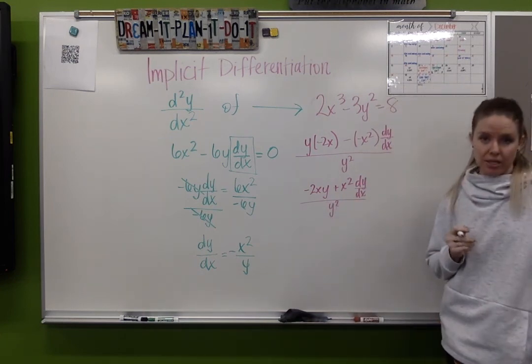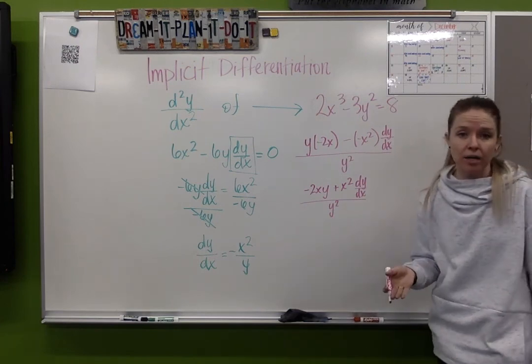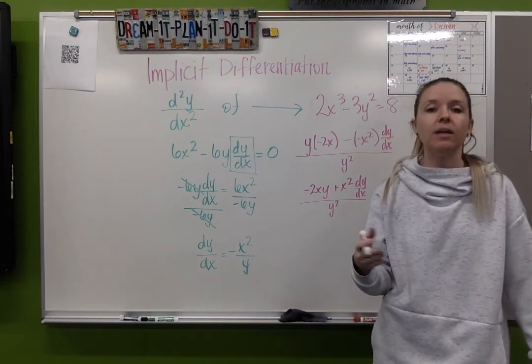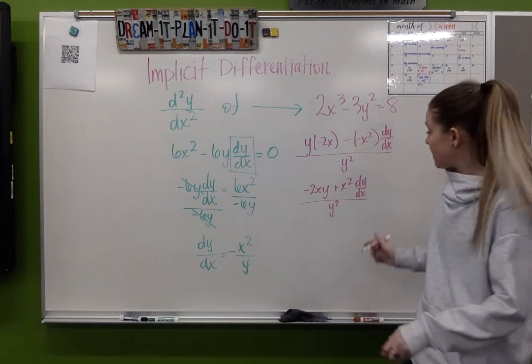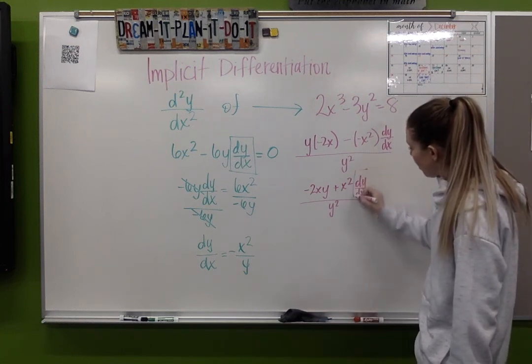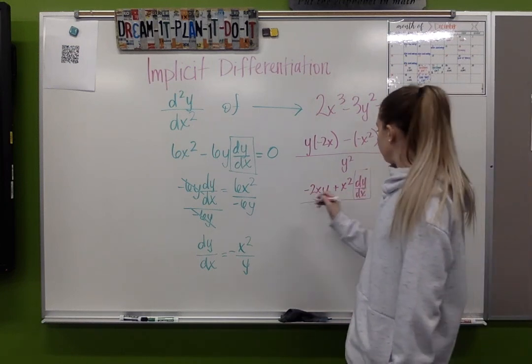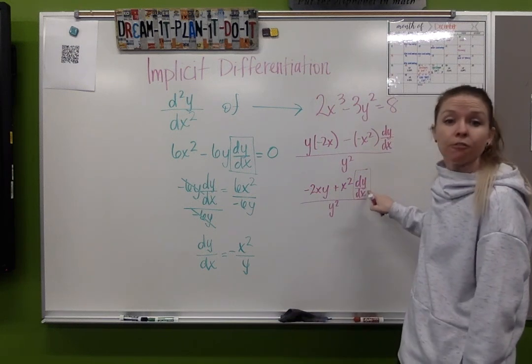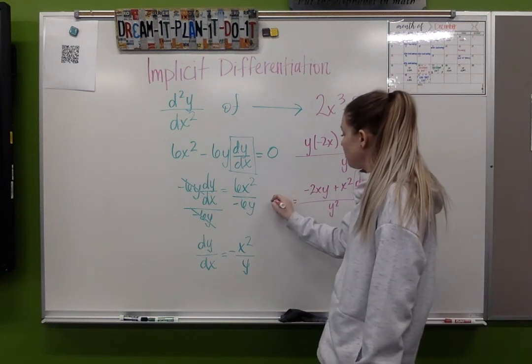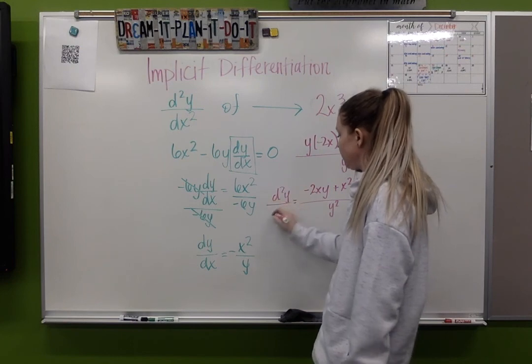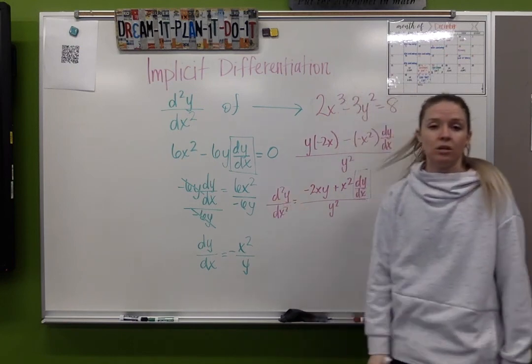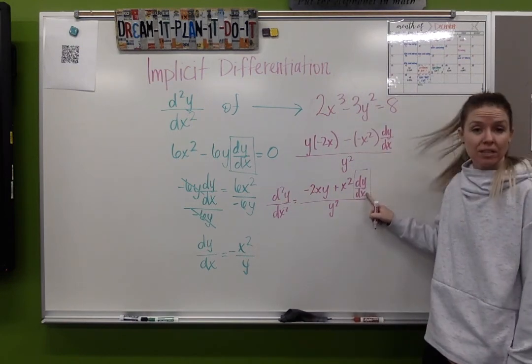So this is where it gets entertaining. Again, the calculus part is done. We've taken the derivative, now it's algebra. We have this issue: our first derivative is hanging out in our second derivative. So somehow we have to get rid of this dy dx.